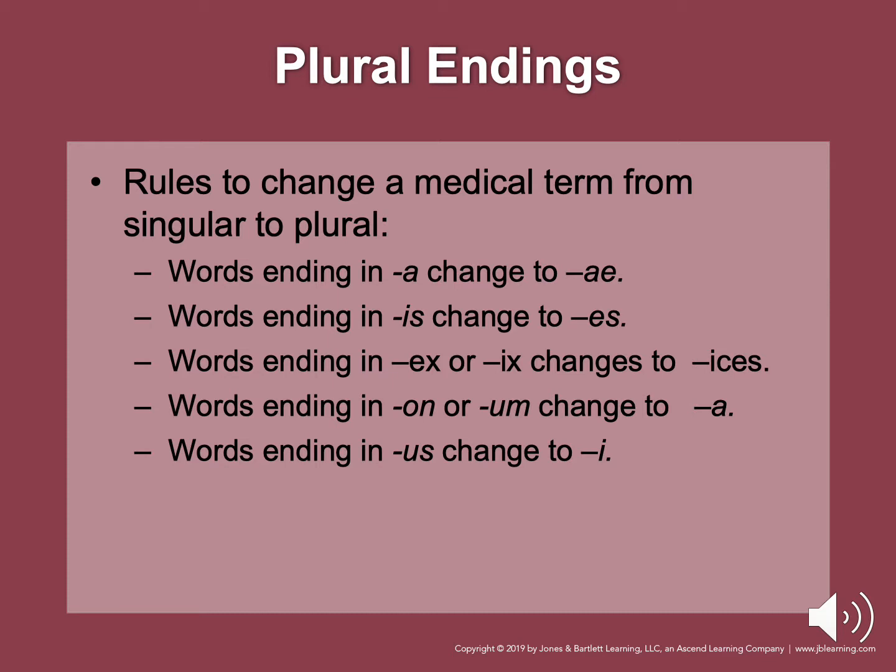Words ending in EX or IX change to ICES, for example apex becomes apices. Words ending in ON or UM change to an A, ganglion becomes ganglia. And words ending in US change to I, as bronchus becomes bronchi.